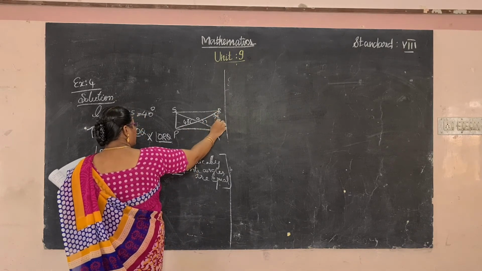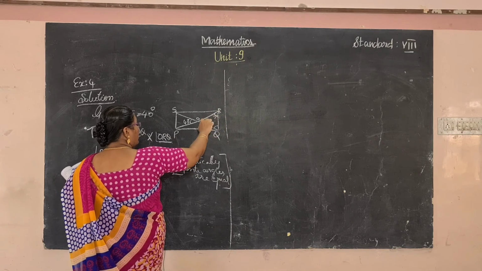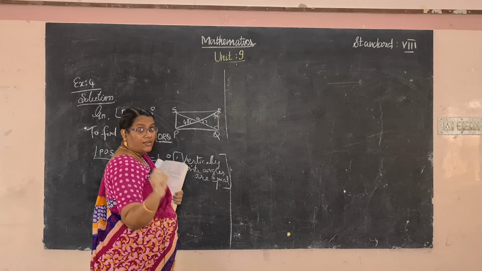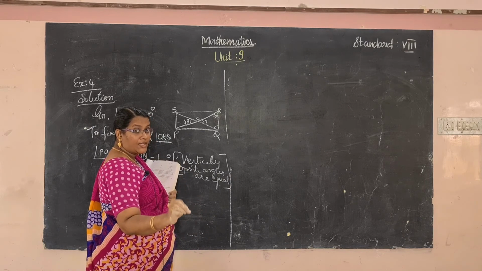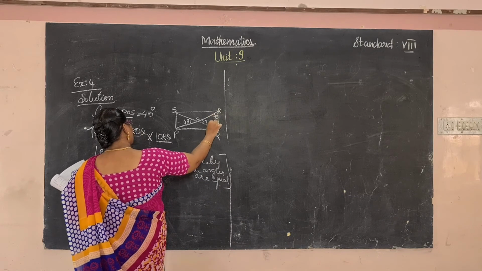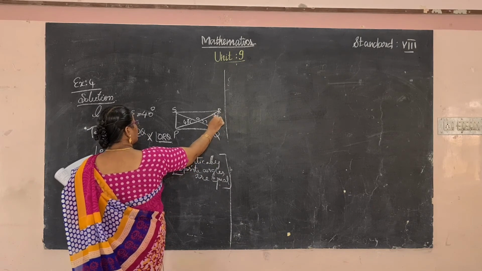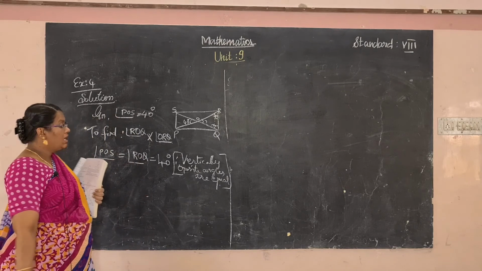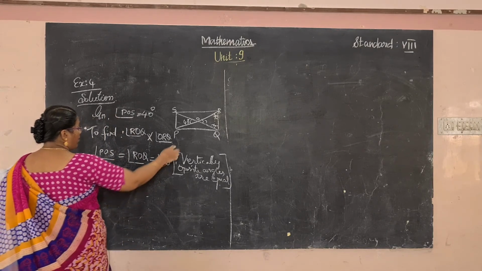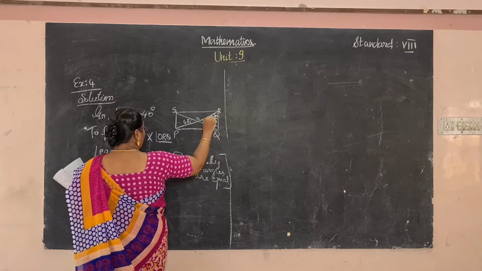So these two sides are equal, then we get an isosceles triangle. So here this is x, here also x. Opposite angles are equal in an isosceles triangle.